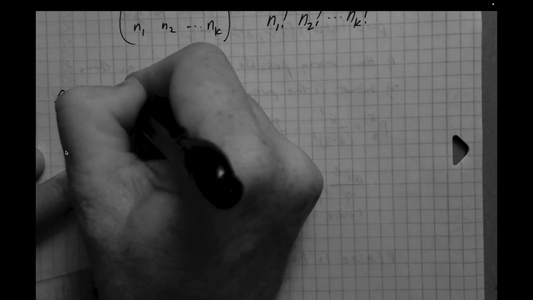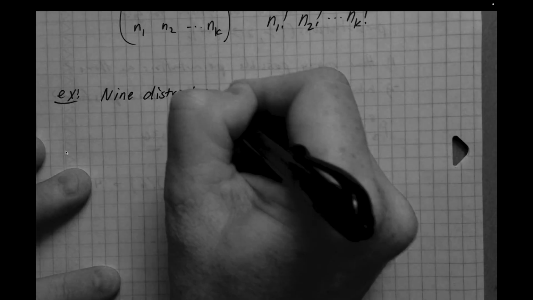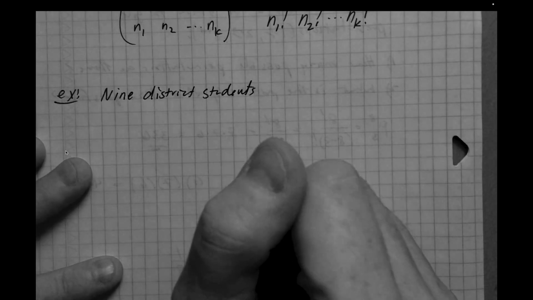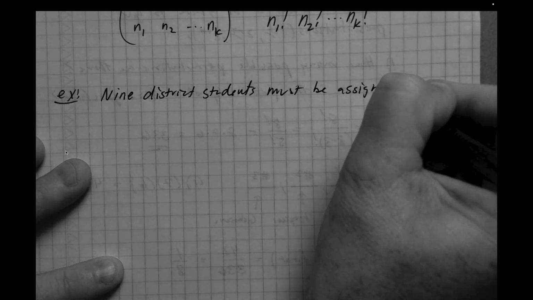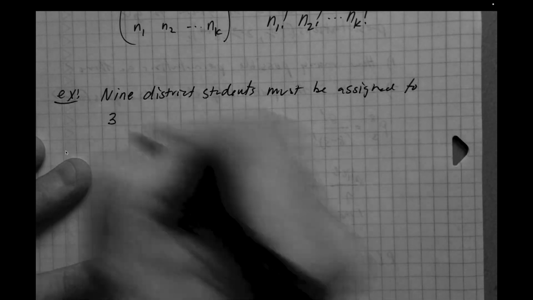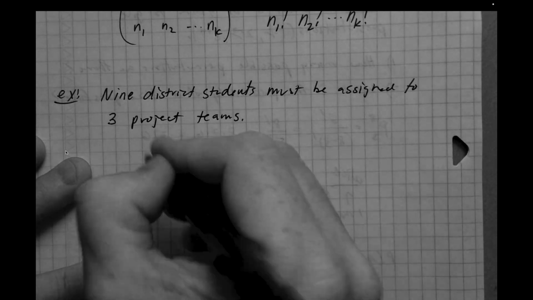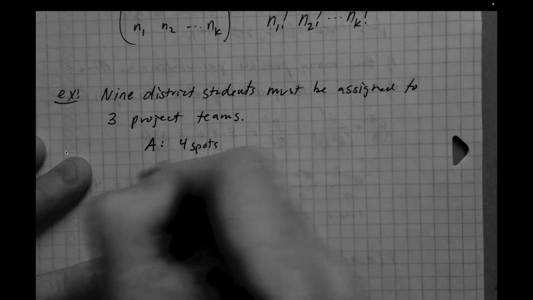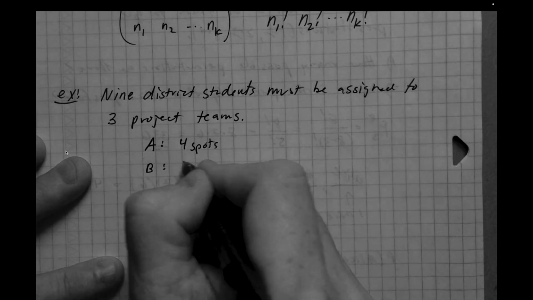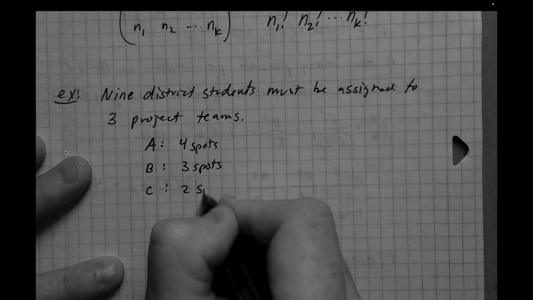I've got 9 distinct students, and they must be assigned to 3 project teams. Now, Team A has 4 spots. Team B has 3 spots. And Team C has 2 spots.